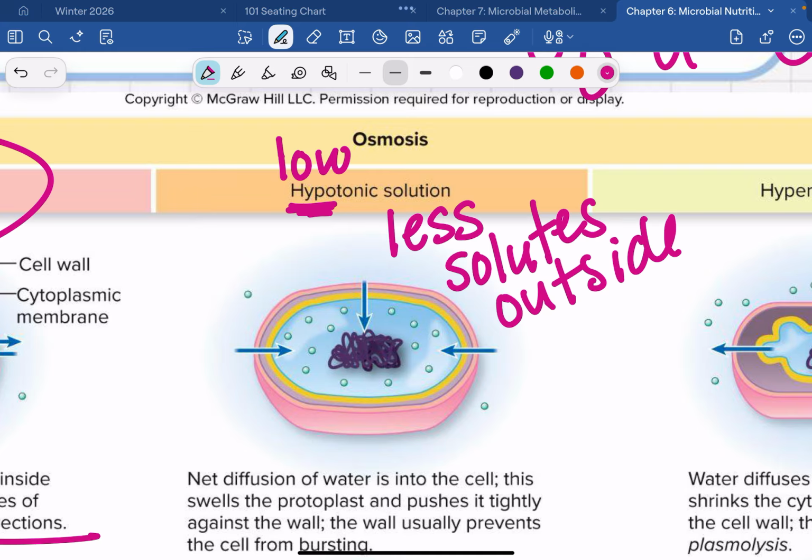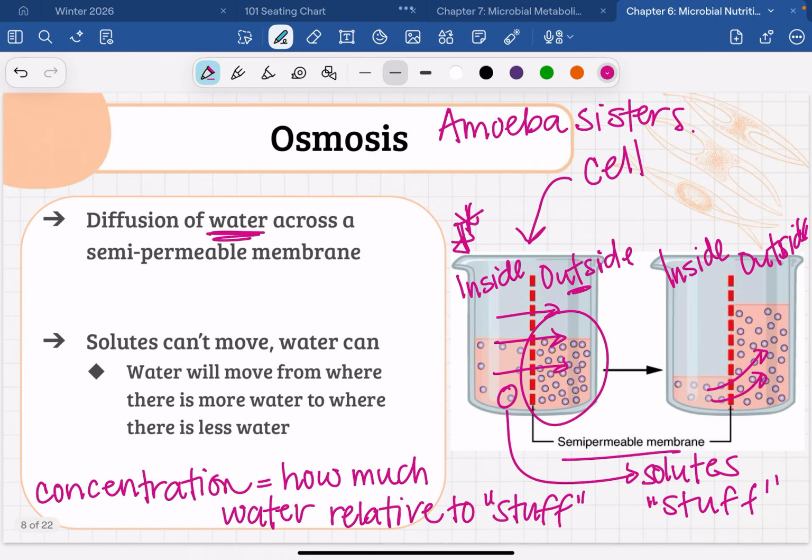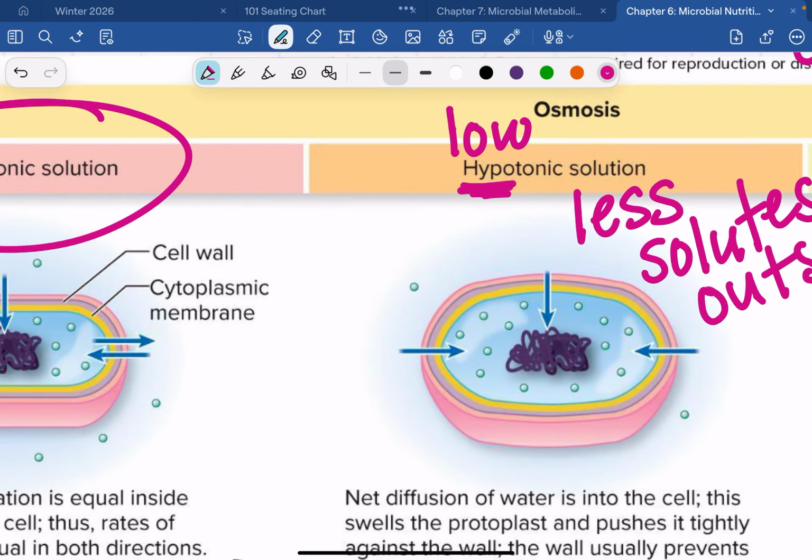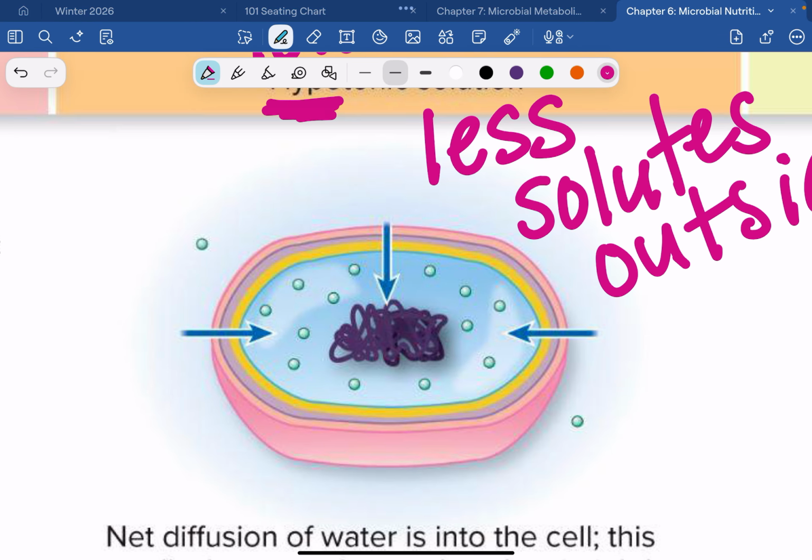So remember, it's just like this scenario right here. If there are lower numbers of solutes, that means that the amount of water is higher. I know it's a little backwards, but if you're looking at it relative to the inside, outside the cell we have two solutes, and the rest of this is water. I know it's not pink here, but imagine that it's pink all around the outside.